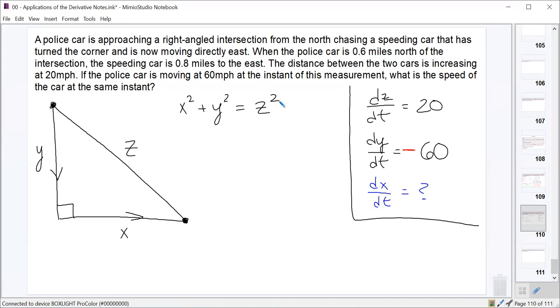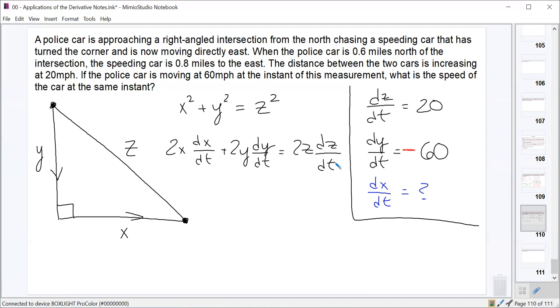And we've got two options here. One of those options is just to immediately take the derivative. So I'm going to do that. We end up with 2x dx/dt plus 2y dy/dt equals 2z dz/dt. So that's one of our options.